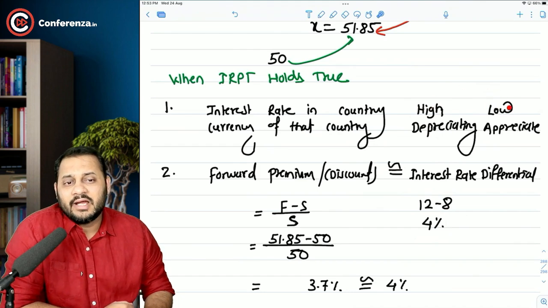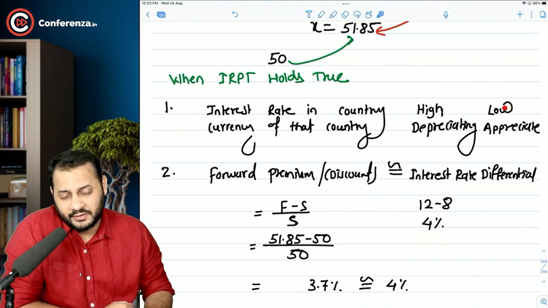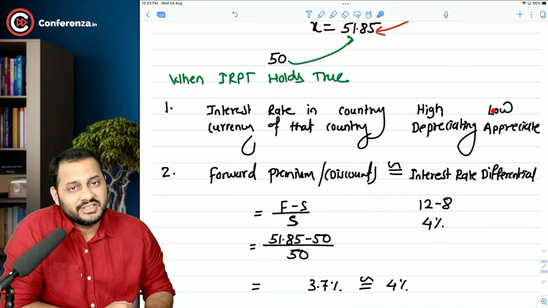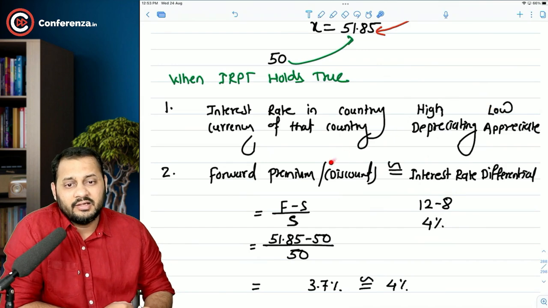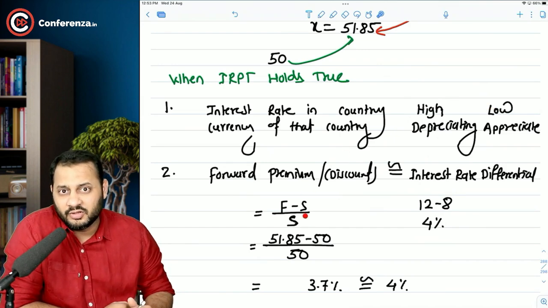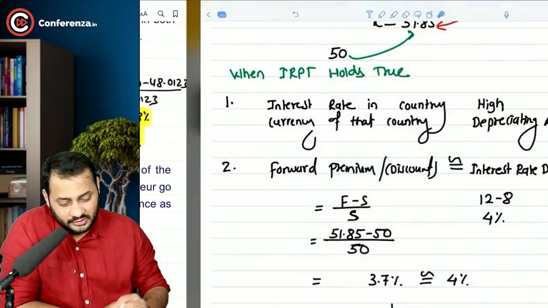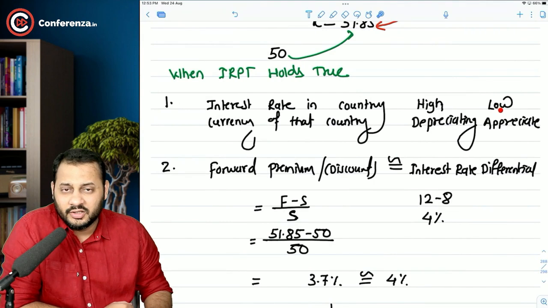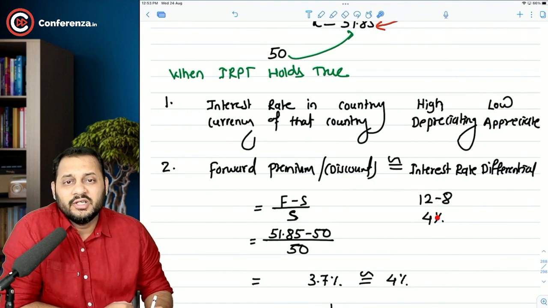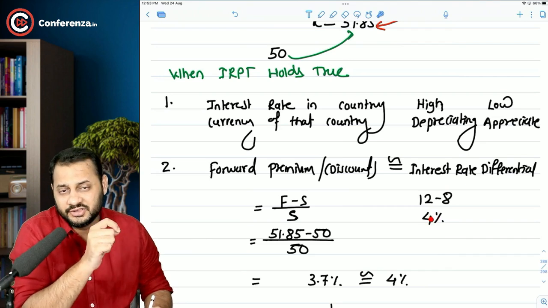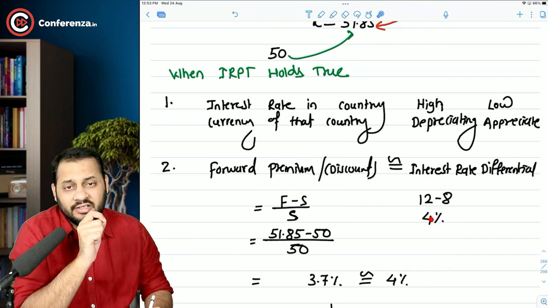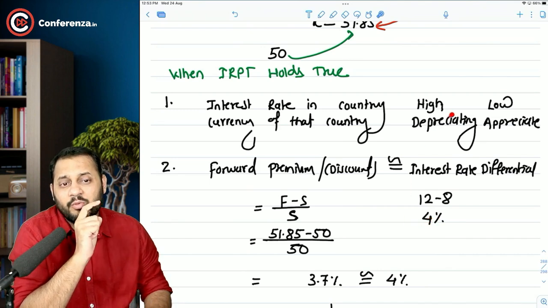Now let's think from the angle of the dollar. So dollar is a low interest rate currency in this question, right? And the dollar is at premium, right? How much premium? 1.68%. So the premium in the dollar should be equal to the interest rate differential, and until it achieves the interest rate differential, we will keep on borrowing at low interest rate.